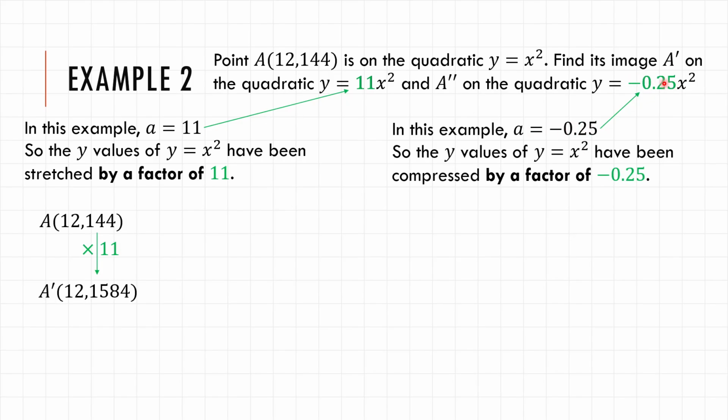And so the y values of the original quadratic have been compressed by a factor of negative 0.25. So here is our point, and we are multiplying the y value only by negative 0.25. And its new location, therefore, will be 12 and negative 36.